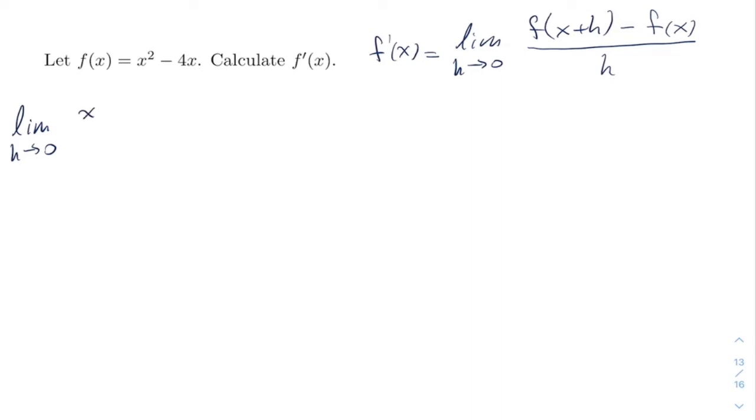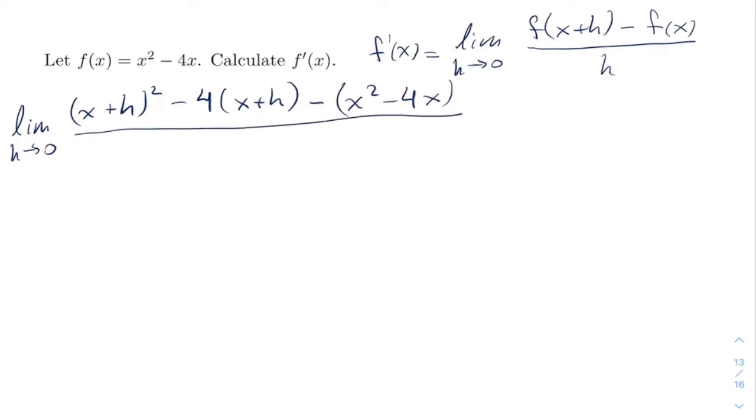We will have (x plus h) squared minus 4 times (x plus h). So that corresponds to the part with f evaluated at x plus h. From that we will subtract the original function, so it's x squared minus 4x. And again, everything divided by h.